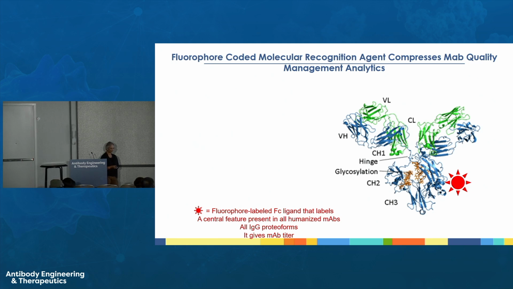For example, if you have a fluorophore labeled Fc ligand that binds to the Fc domain, which is the lower part of the molecule, it's common to all IgGs. You will label all the IgG proteoforms, and it will give you the titer of the mAb.